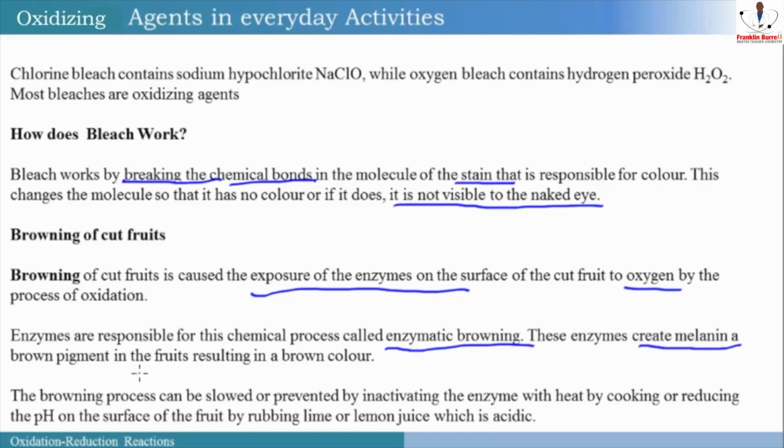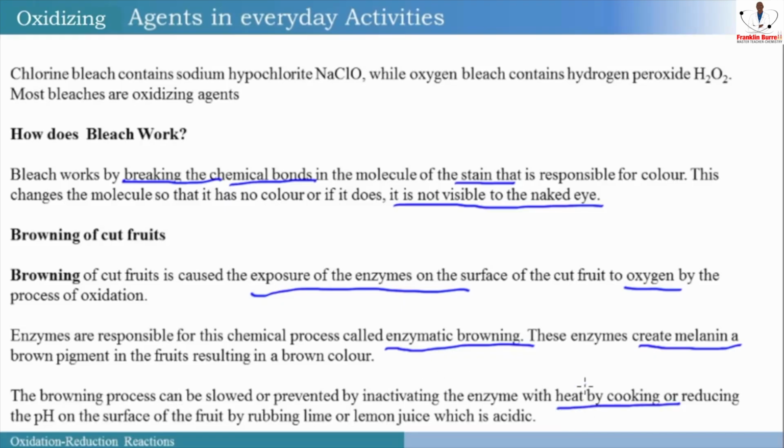Now, the browning process can be slowed or prevented. If you inactivate the enzyme so that it cannot be oxidized by the oxygen, then the browning effect will not take place. So how can we stop this browning process? Well, you can stop it by heat.